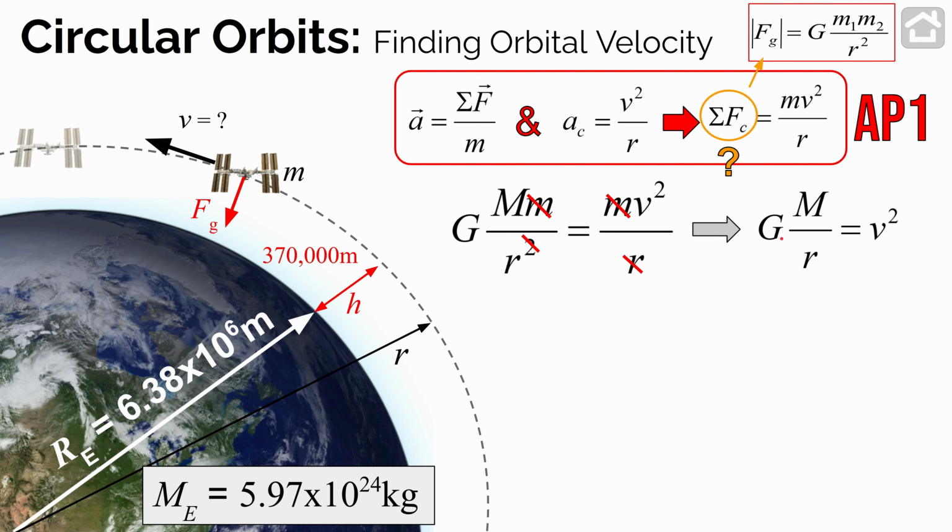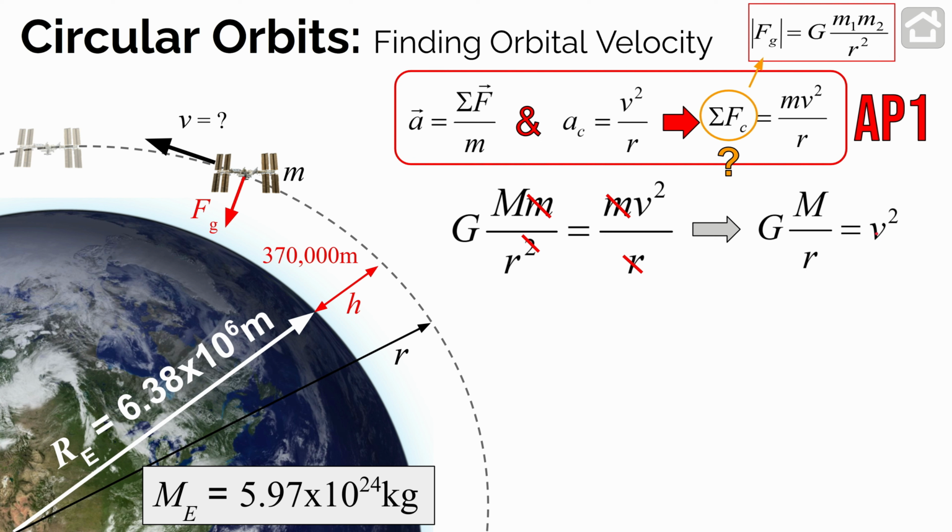Here's the simplified form of that. On the left side, it's just the universal gravitation constant times the mass of the Earth, or the mass of any planet, divided by the orbital radius of the thing moving in a circular path, is equal to the square of the needed velocity to maintain a circular orbit. And if you have this equation, actually there's a lot of problems you could solve.